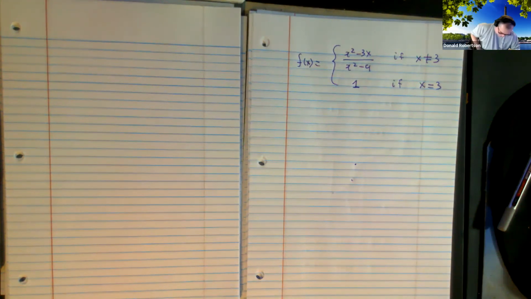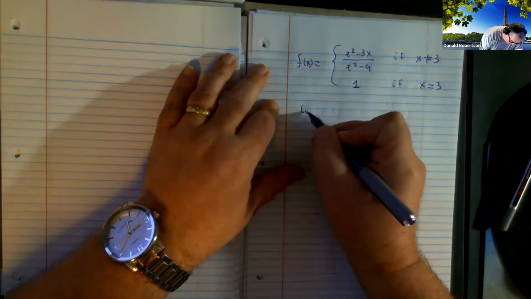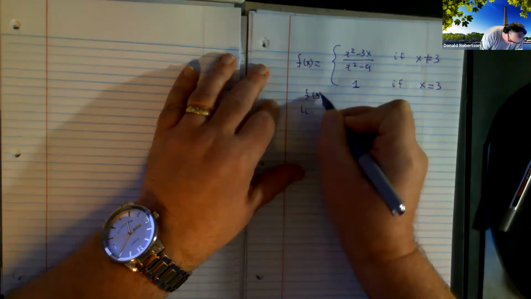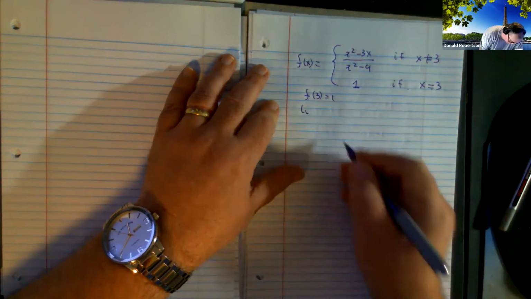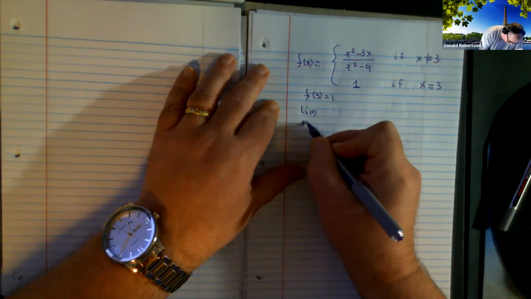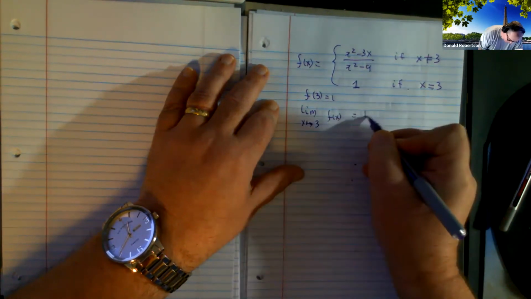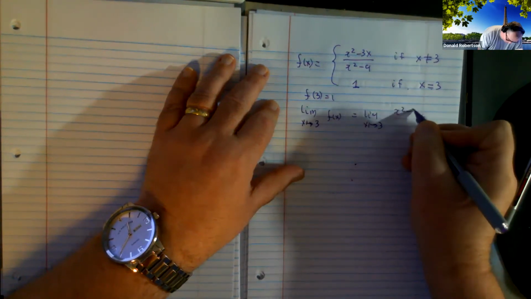So at x equals 3, let's see what we have. If I ask you to find the value of the function at 3, isn't it 1? Because that's what it tells me. If I find the overall limit as x tends to 3, I'm trying to find what this is trying to be.